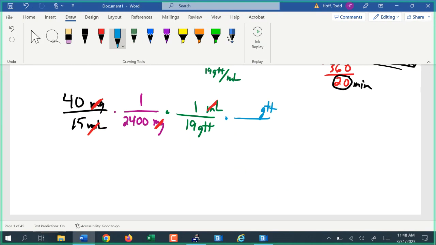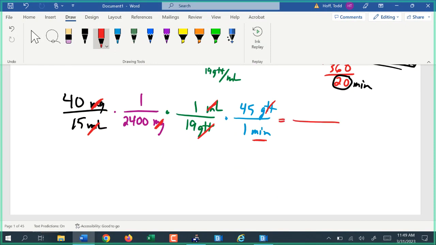The only thing left with drops in it is my actual flow rate, which is the 45 drops per minute. Now the drops cancel out, and the only unit I have left is minutes, which is what I want my answer in. However, here the minutes are going to be in an undesirable place, and I'll show you how to do that once we get this calculated out.